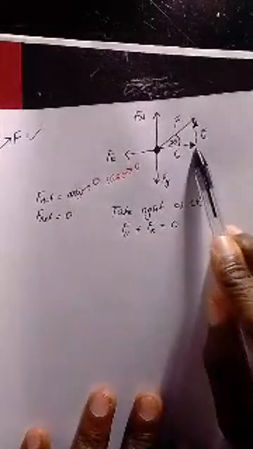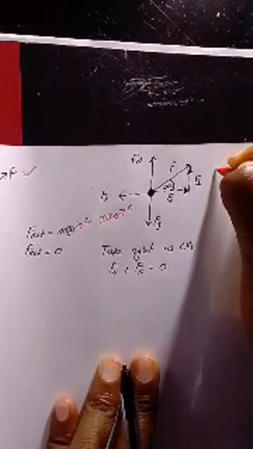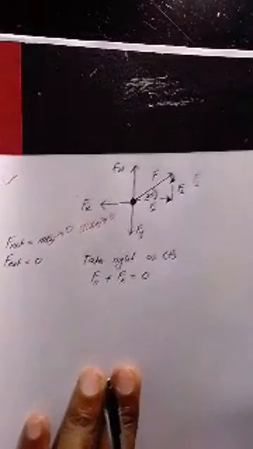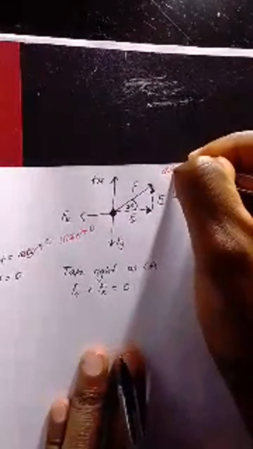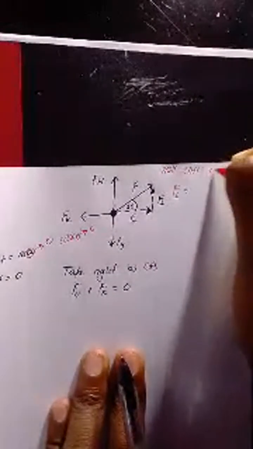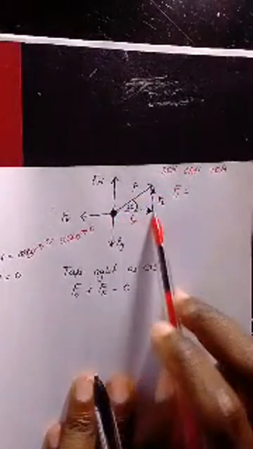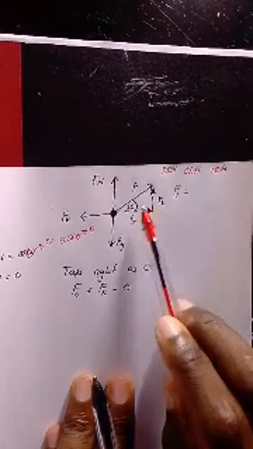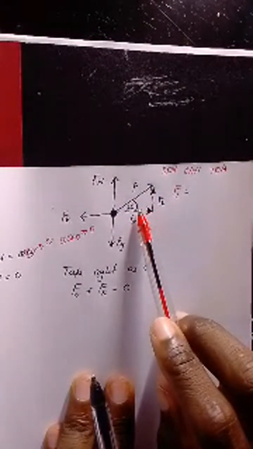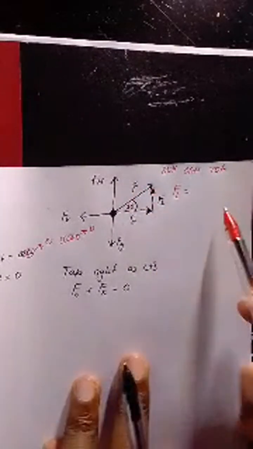When you resolve the vectors, let us start by resolving the vectors first. To resolve the perpendicular, you'll say F perpendicular equals, because it's perpendicular, you remember your SOHCAHTOA, grade 11. In this triangle, F perpendicular is opposite, so you need opposite over hypotenuse, which is sine.